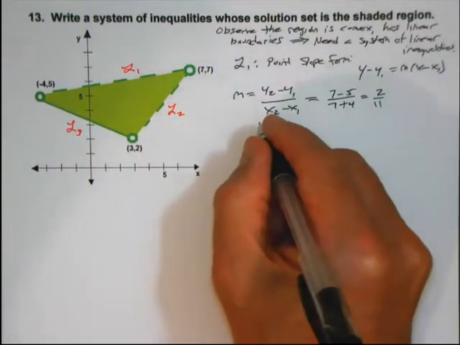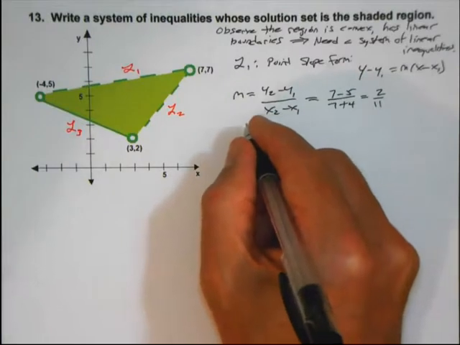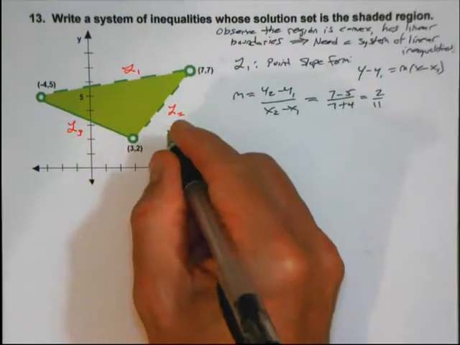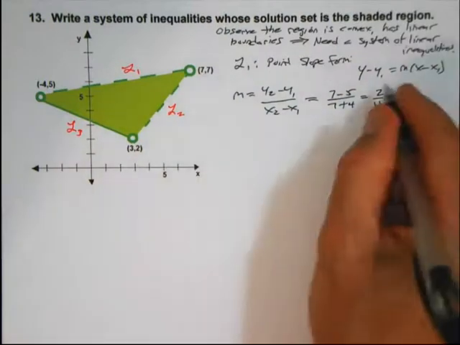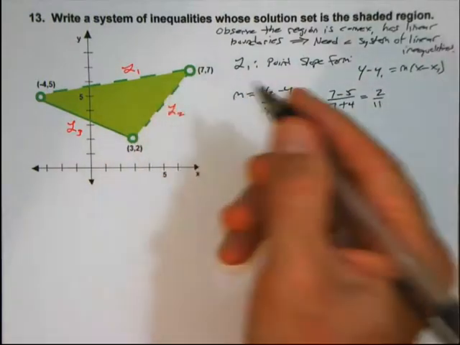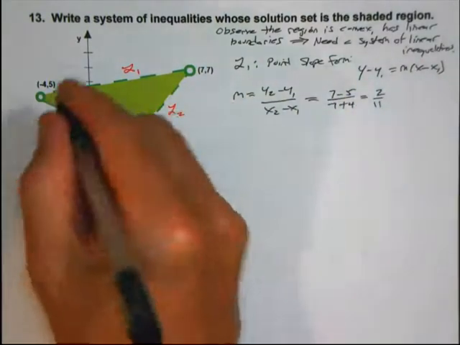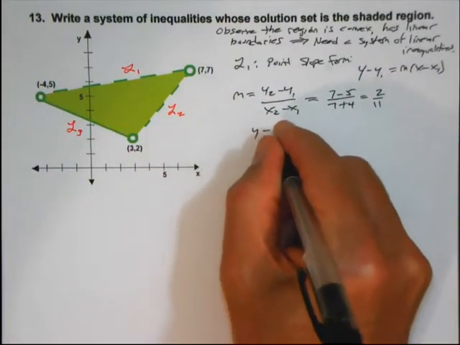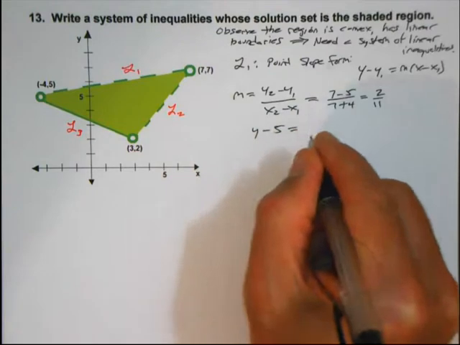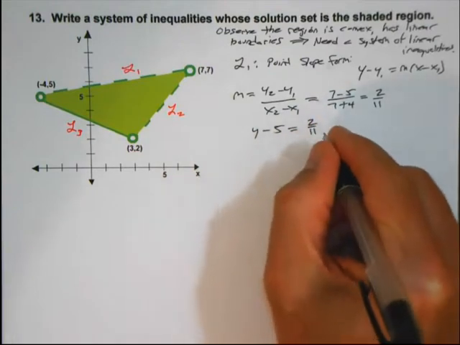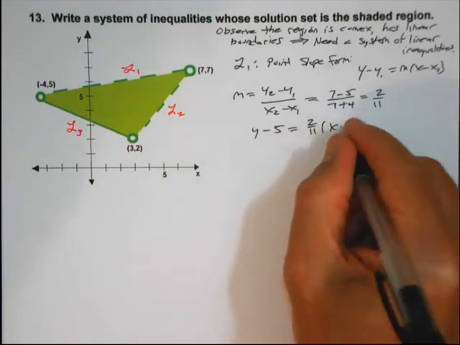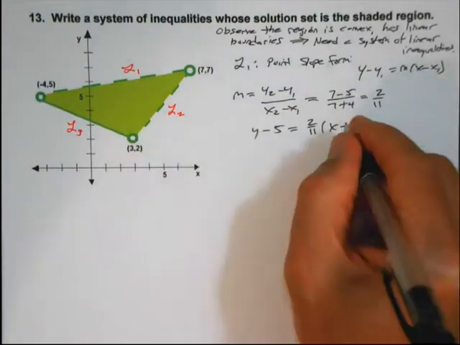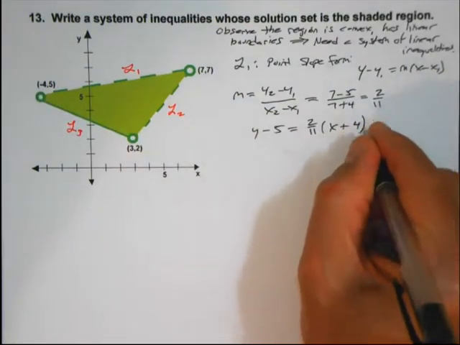Alright, let's put together the equation. Either point can serve as the x1, y1 for right now. Maybe we choose this point here. So this would be y minus 5 equaling 2/11ths times x minus negative 4, that's plus 4.